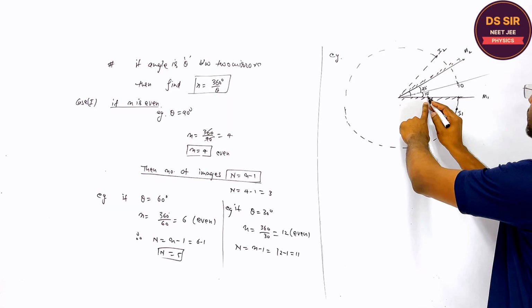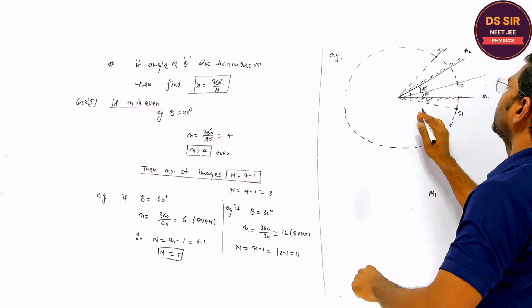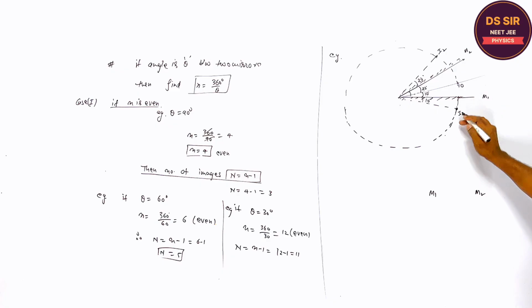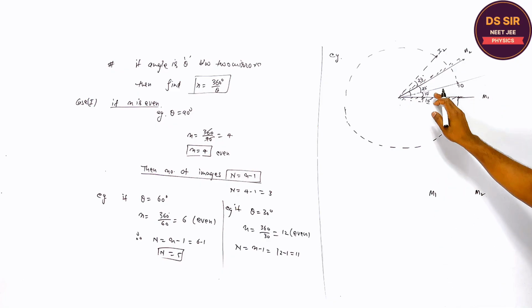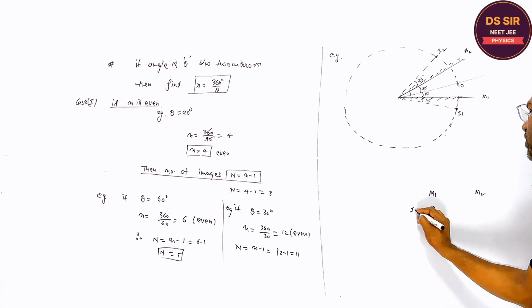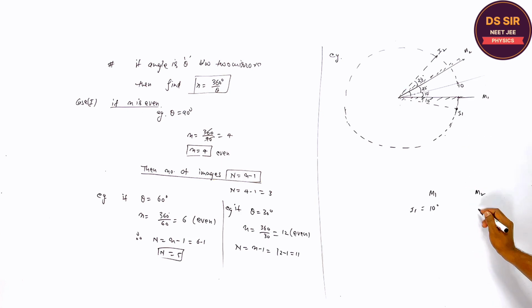Are you getting it? If this is 10 degree, the image is obtained at 10 degree, and the image is obtained at 20 degree on this circle only. Is it clear or not, you tell? So the image I1 is formed 10 degree below the mirror M2, and the image I2 is obtained at 20 degree like this.